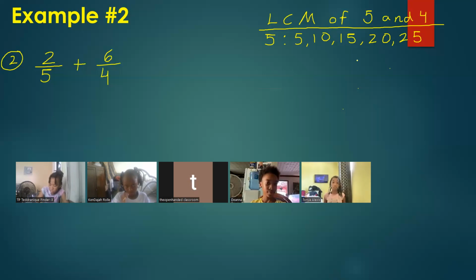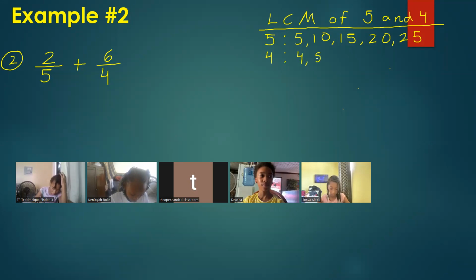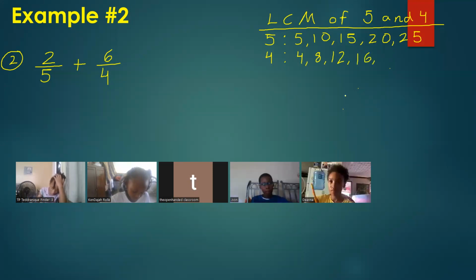What are the multiples of 4, Candasia? 4, 8, 12, 16, 20, 24. Very good. 4, 8, 12, 16. After 16 is what? 20. Very good.